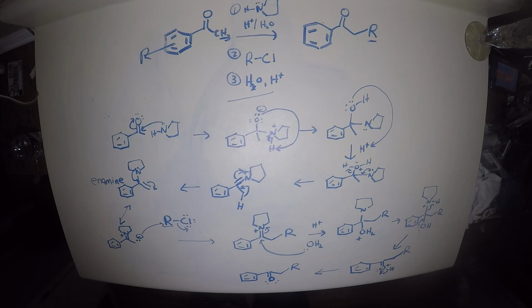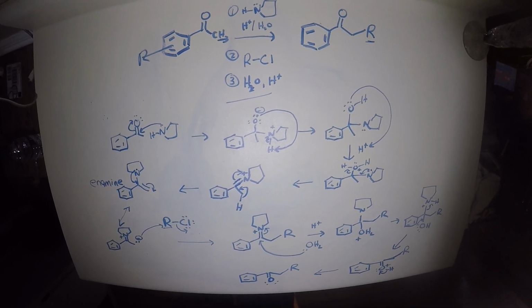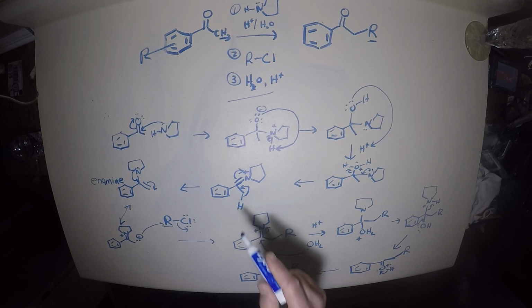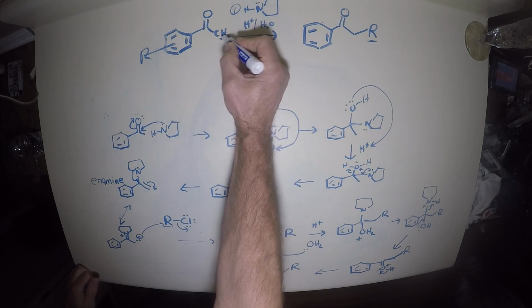This methodology is credited to Gilbert Stork, so it's enamine chemistry and or the Stork reaction. And again, it's a mild way to alkylate an aldehyde or a ketone that has an alpha hydrogen.